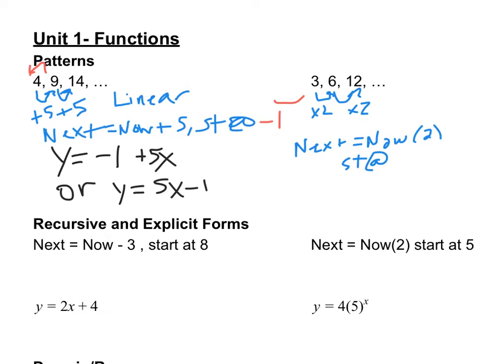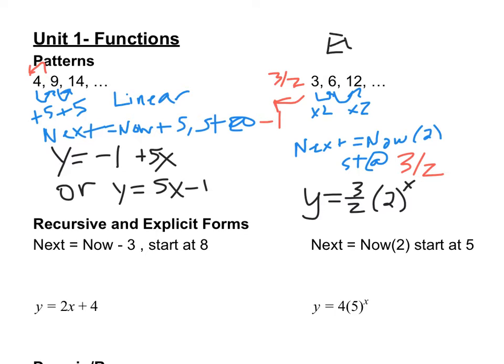So going forward we multiply by 2, so to go back we need to divide by 2, so that would give me 3/2. We just leave it as a fraction. And we get y equals, start at 3/2, pattern is times 2, and we do that x number of times, so the x needs to be in the exponent, which by the way means that this was an exponential function.